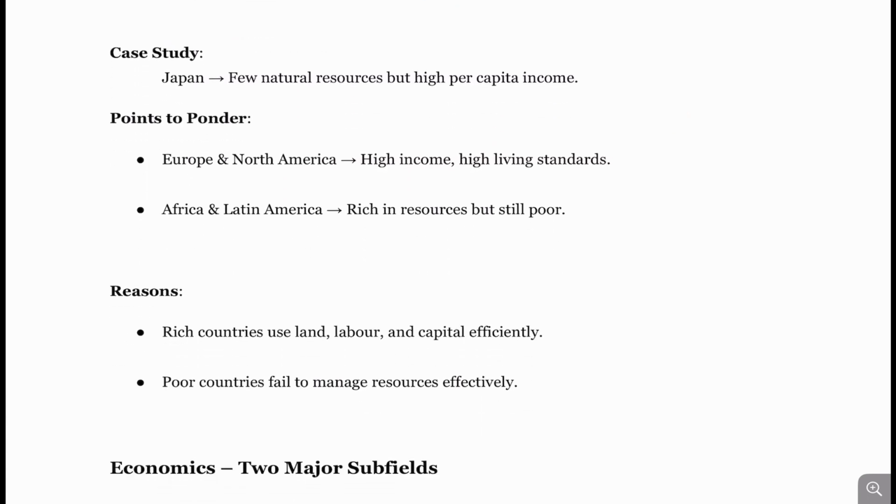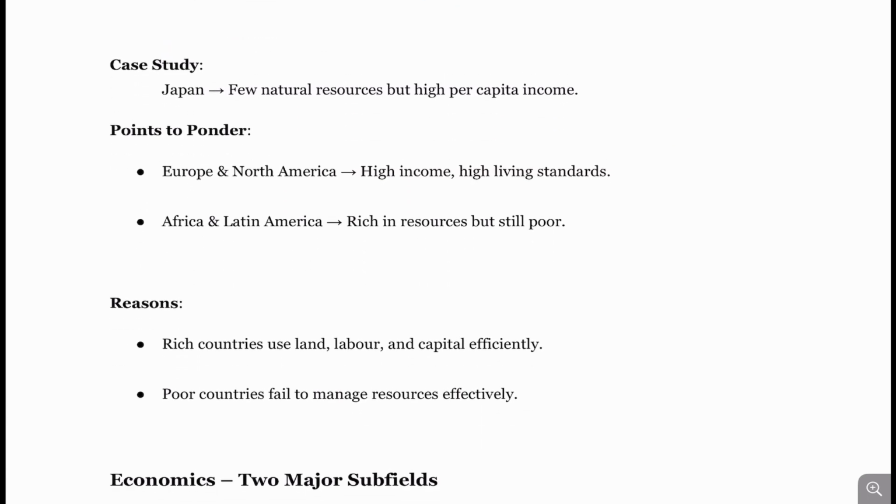Now, to understand it much better, take the case of Japan. It has very few natural resources, its area is very small, and every year there are many natural disasters on or near its land, but still it has a very high per capita income, right?